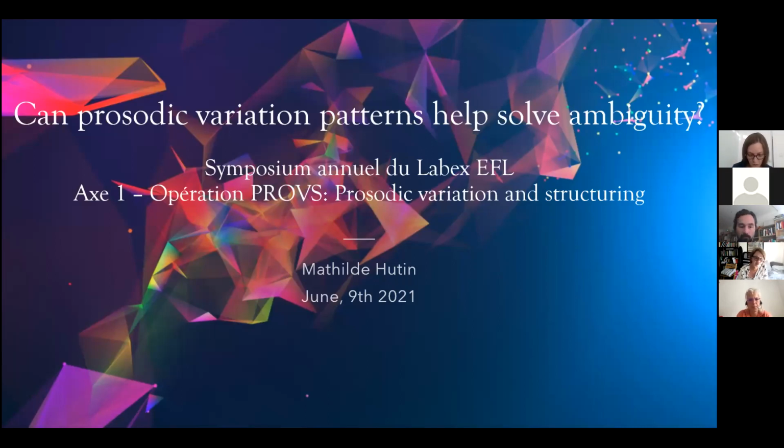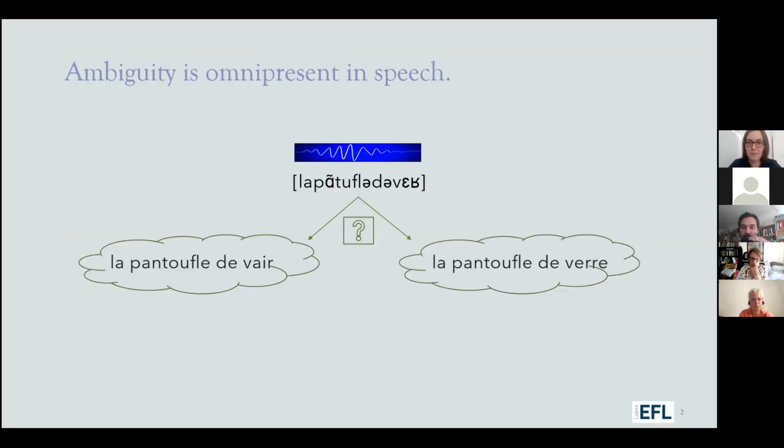And this study involves newly established collaborations beyond the Labex, notably with colleagues at the Université Catholique de Louvain, Lisbeth Degan and Anne-Catherine Simon. So I'm going to focus in particular on prosodic variation and how it helps solve ambiguity.